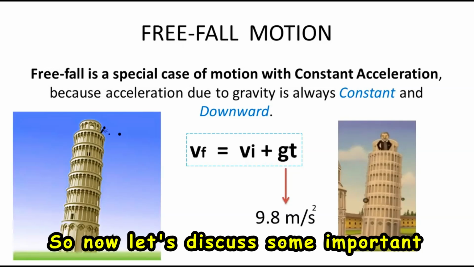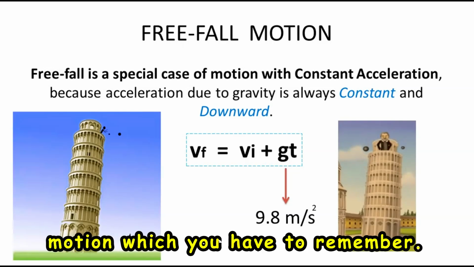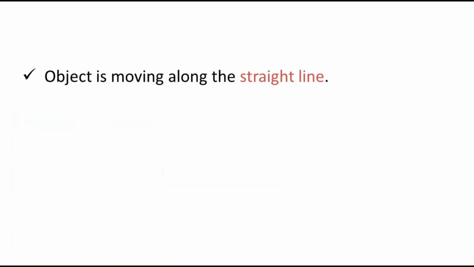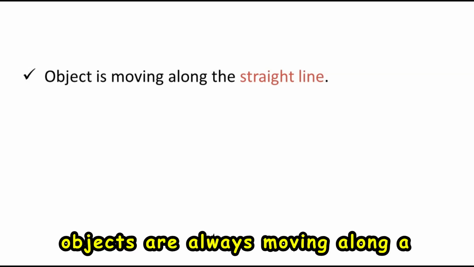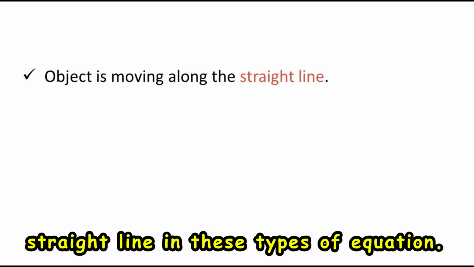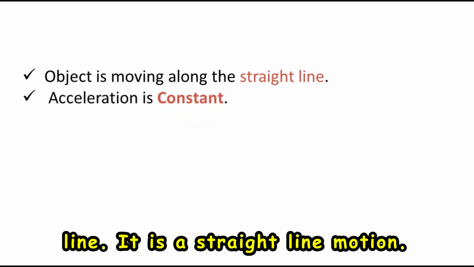So now let's discuss some important points regarding the first equation of motion, which you have to remember. In the first equation of motion, objects are always moving along a straight line. It is a straight line motion.